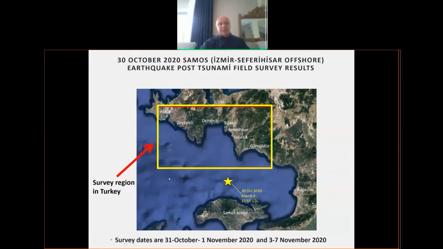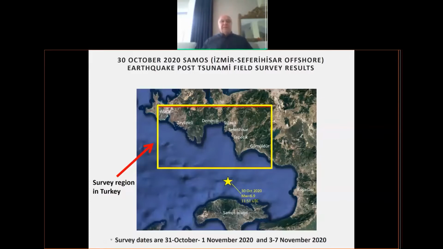The fault lies in the east-west direction approximately, and in general, the tsunami's directivity or energy propagated north and south, and northwards, inside the yellow rectangle, there was major impact of the tsunami.